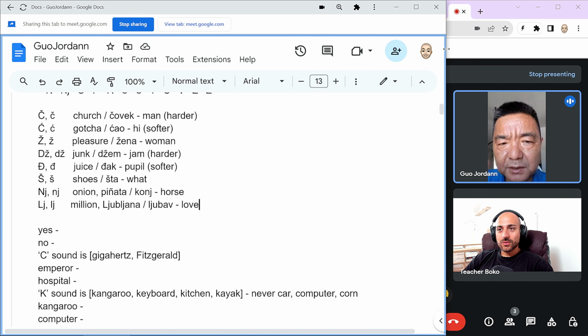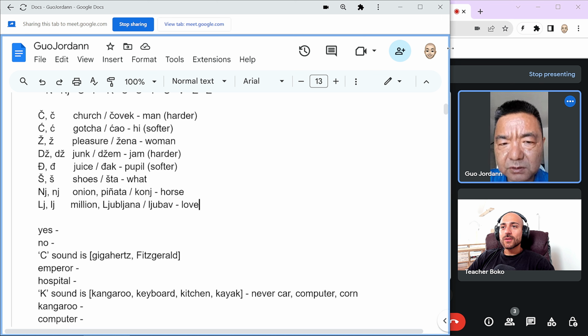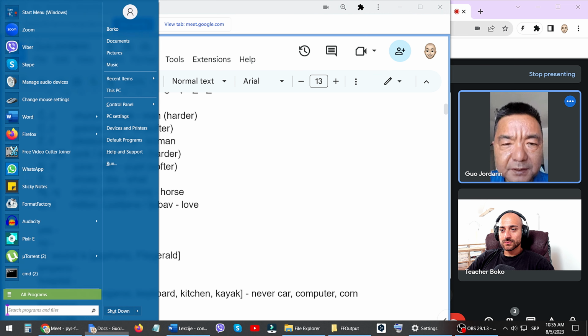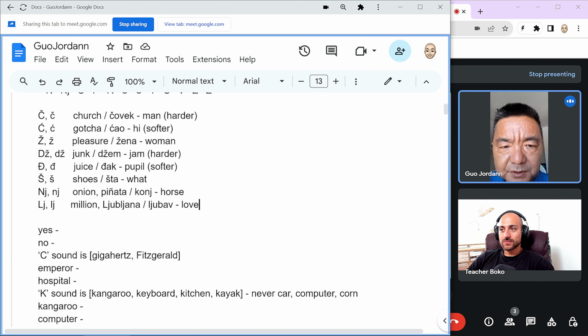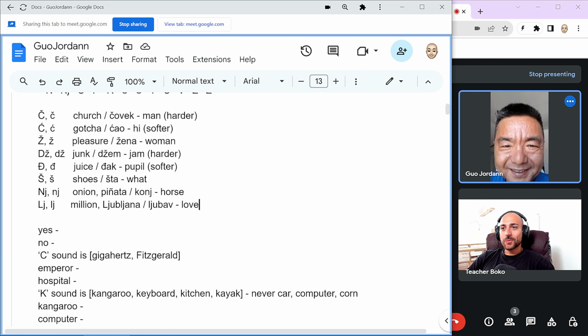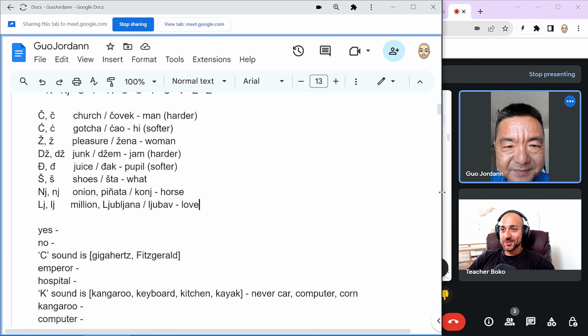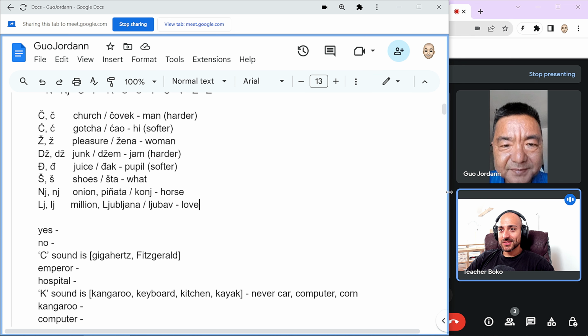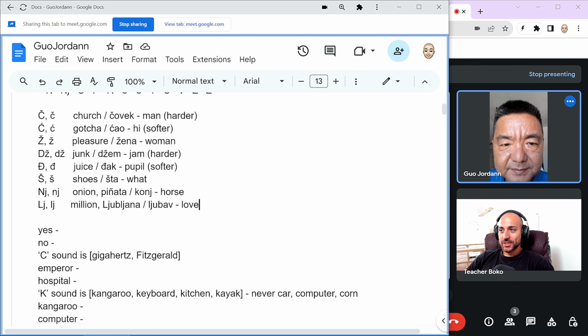I completely mixed together the pronunciation. But now I can separate them. It's hard. I think so because they are similar. But okay, that's great.